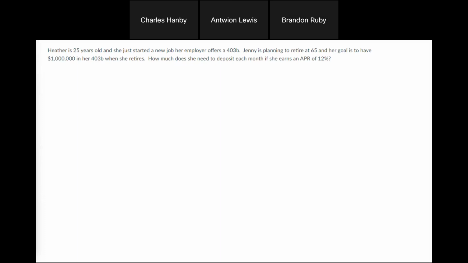So today we're introducing the problems for exam three. We have the saving for retirement problems, similar to what we had on the first exam, plus mortgage affordability.